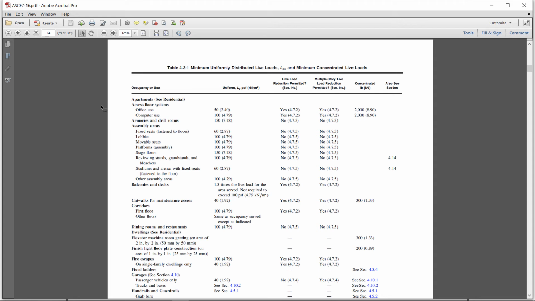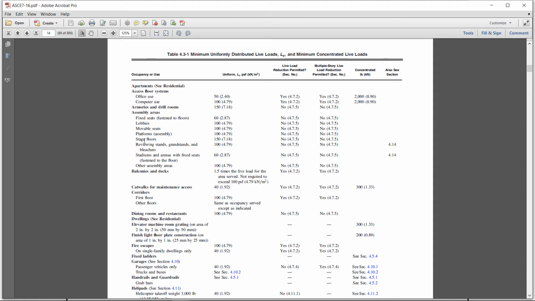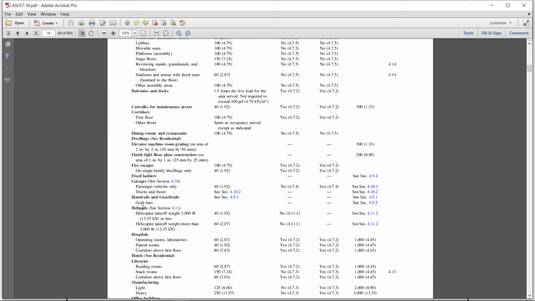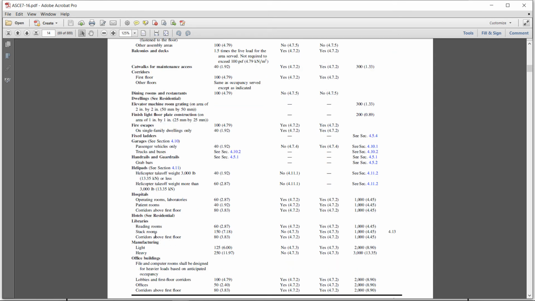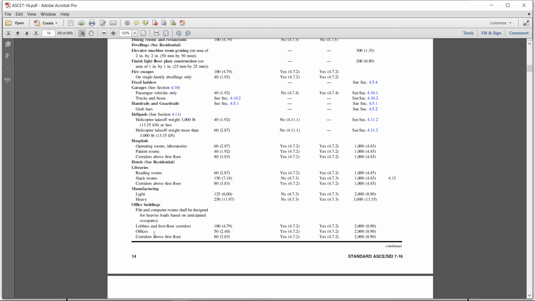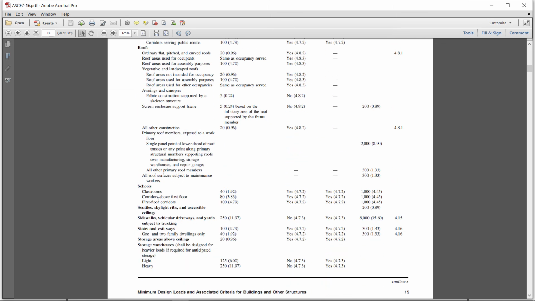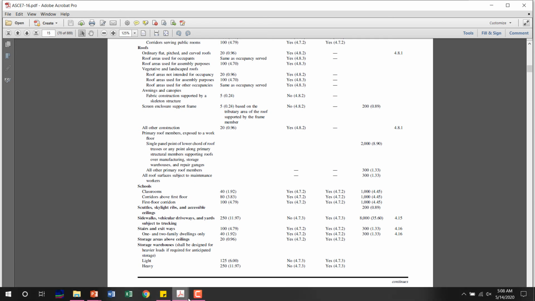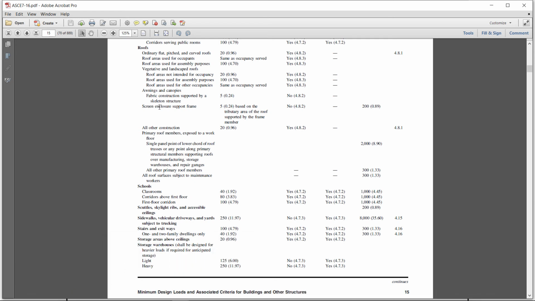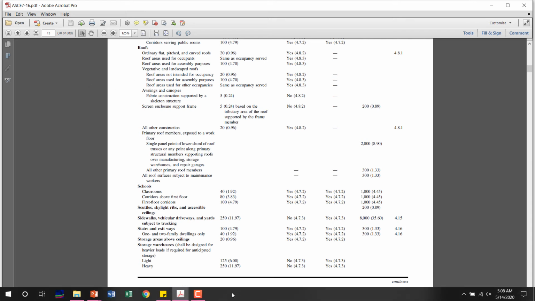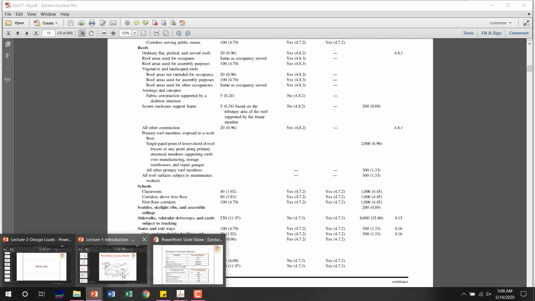Here on page number 14, you can see apartments, corridors, hospitals, libraries, manufacturing, office buildings. There is a large table. Schools, storage warehouses. The large or detailed table of live loads is given in ASCE 7-16. You can use that.